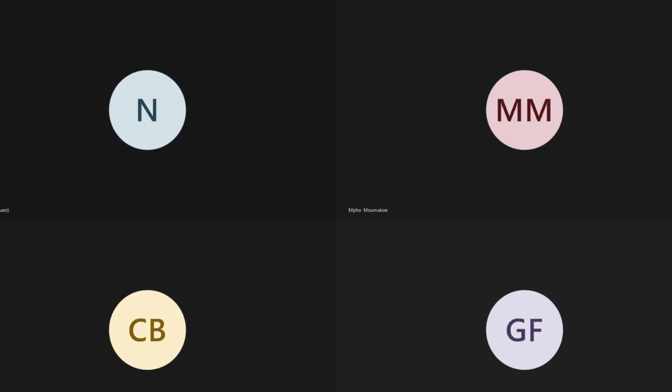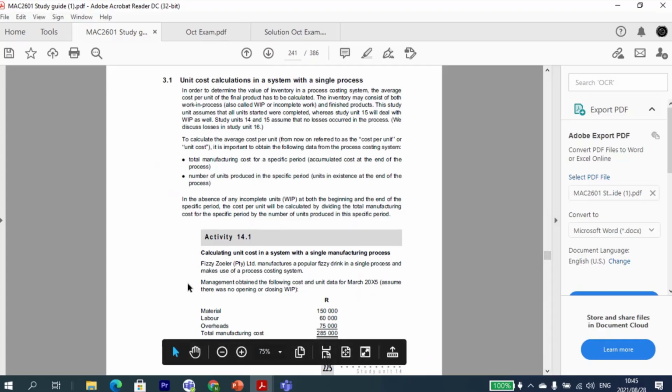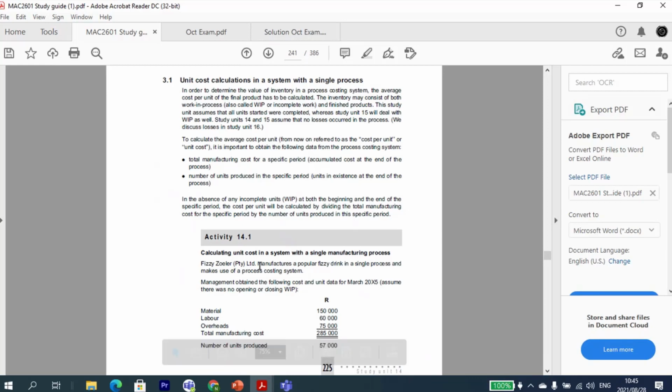activity 14.1. So 14.1, there's Fizizuela, sorry, can't pronounce it, Pty Limited. They manufacture popular fizzy drinks in a single process, and they make use of a process costing system.